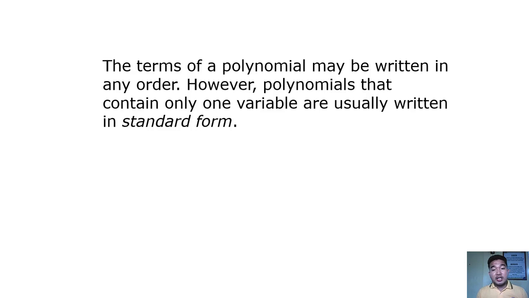The terms of a polynomial may be written in any order. However, polynomials that contain only one variable are usually written in standard form. Kung ang polynomial natin ay may iisa lang na unknown variable, for example, x lang, y lang, a lang, kailangan isinusulat natin yon in standard form para nakaayos yung ating polynomial.